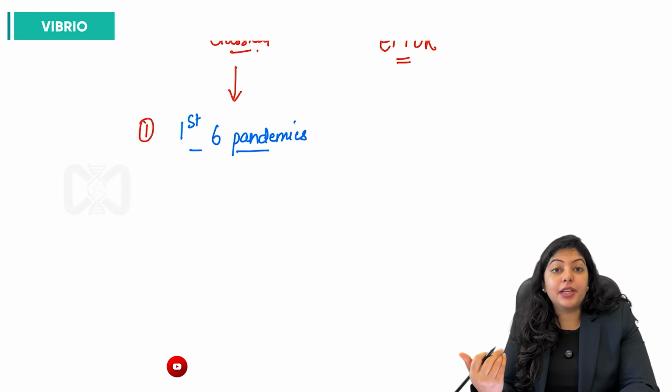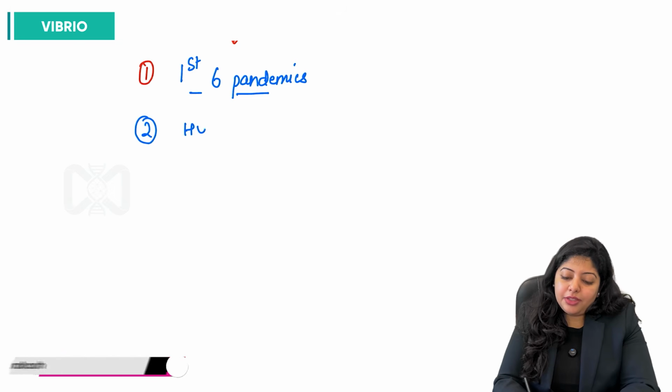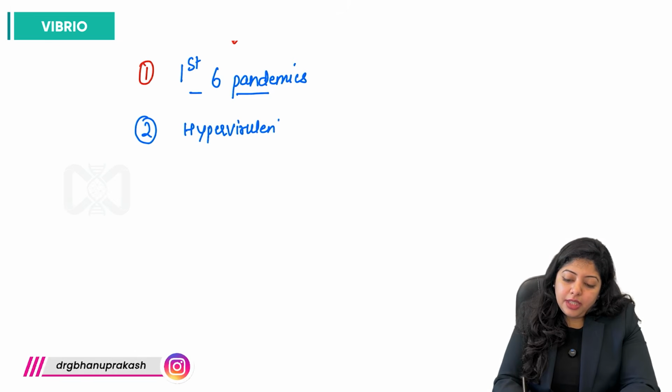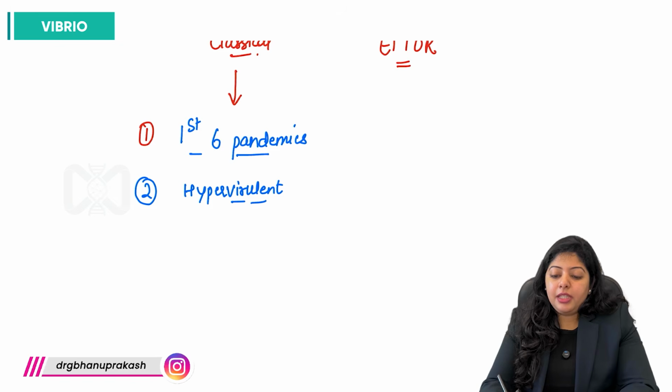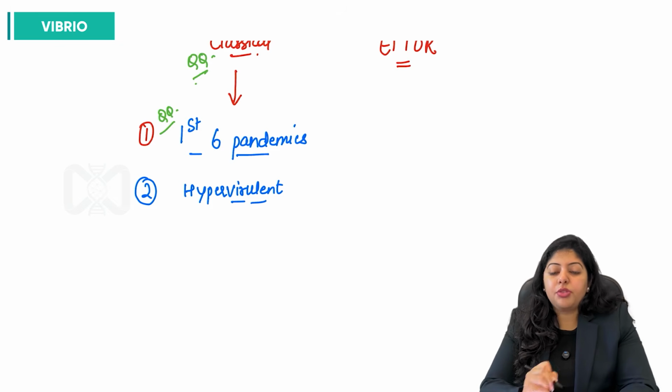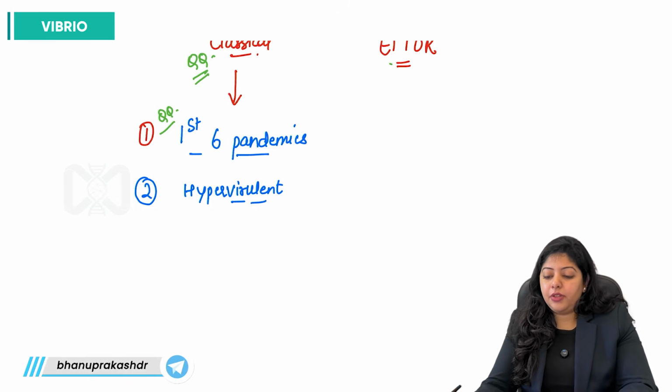They came first, they're classic, and they were also hypervirulent strains. It was the classical biotype which was responsible for the first 6 pandemics. These are all questions which get asked in your exams.